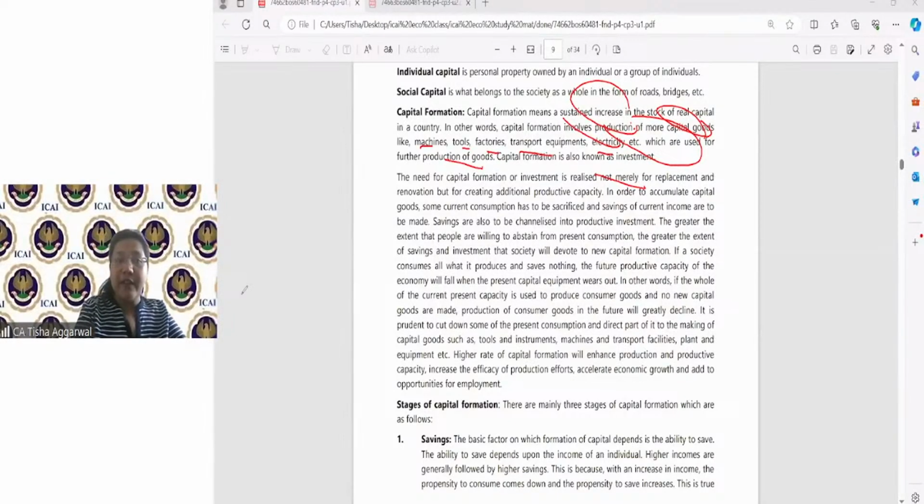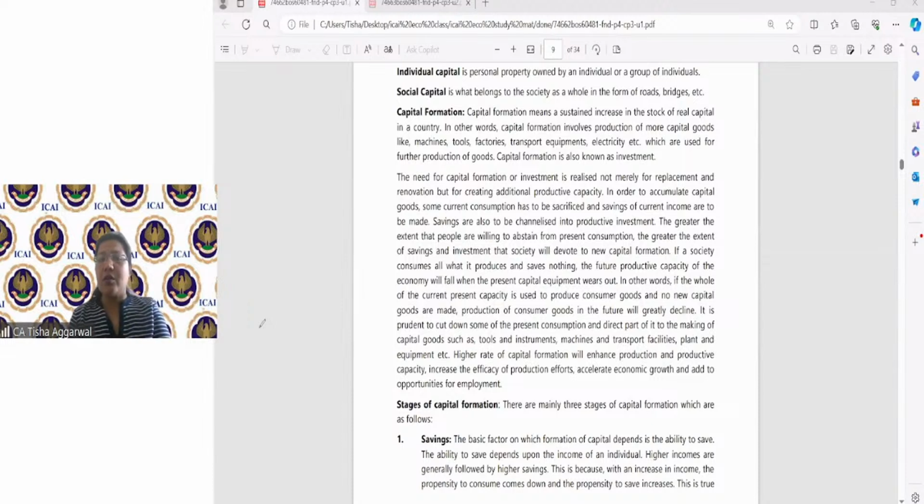Whenever we talk about capital formation, it is known as investment. It is not merely for replacement and renovation, but to create additional productive capacity. Capital formation is wherein you enhance production and productivity capacity. You want to increase a resource manifold as compared to what you have.